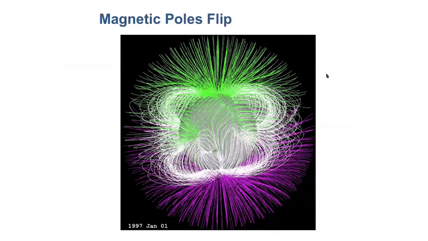Now, this is the cartoon version of this. The real version is much more complicated than that. Again, this is another video that I'll post down below, but you can see the hairs on the sun, and these are measured magnetic fields on the surface of the sun from January 1997. I don't know which is which, it doesn't really matter. One of these colors is a North Pole, and one of these colors is a South Pole.